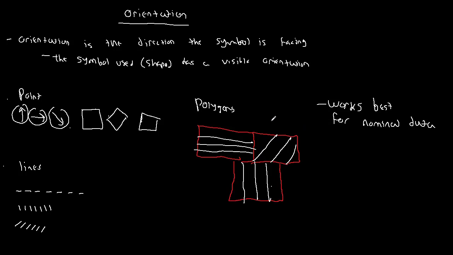Now, there is a caveat to orientation that I think is important. In addition to having the symbol be forced to have an orientation, you can have data that has directionality. So orientation is awesome, is the best choice, if data is truly directional.